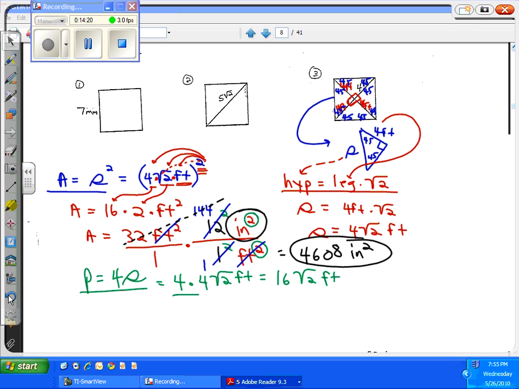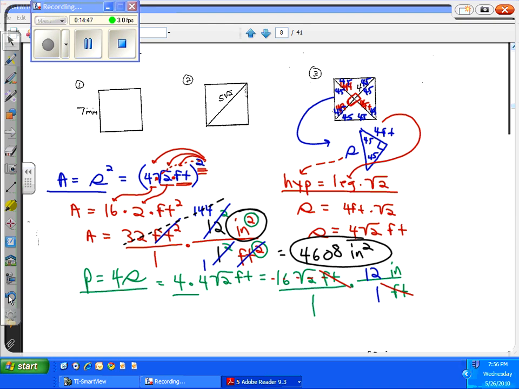We want to change from the name feet to inches. So we're going to multiply such that we lose the name feet and gain the name inches. Which one's bigger? Feet. How many inches are in a foot? 12. We leave it alone because it's inches to the first and feet to the first, so it's 12 to the first and 1 to the first, which stays 12 and 1.